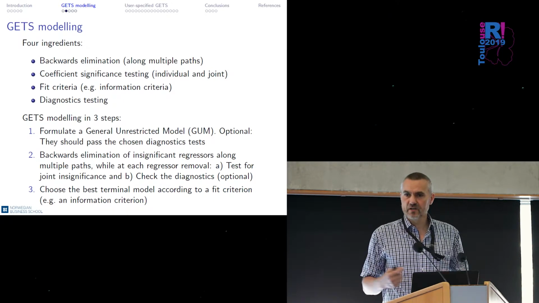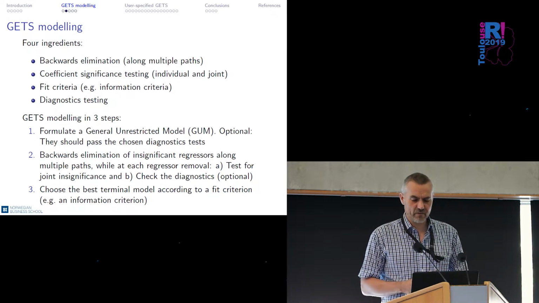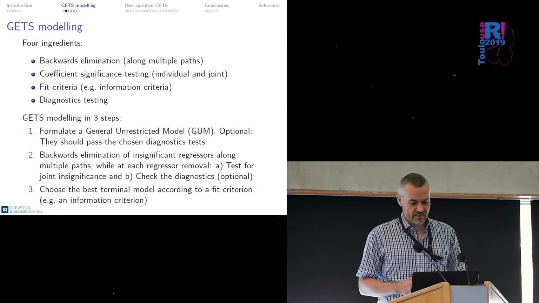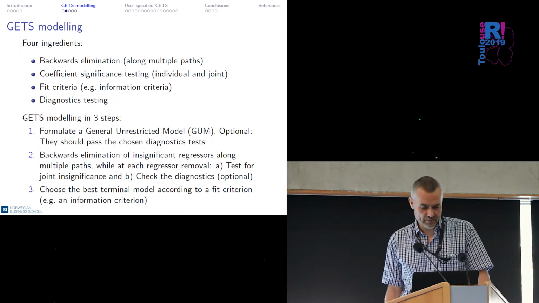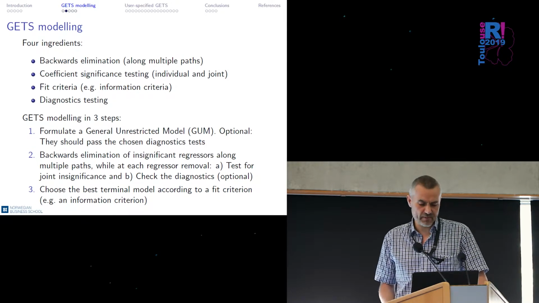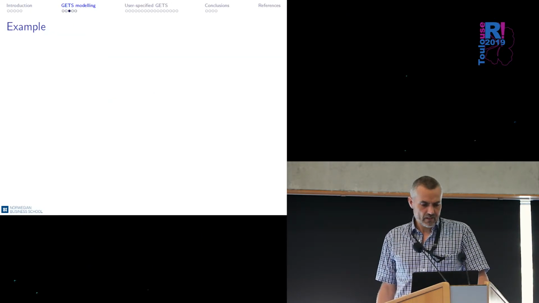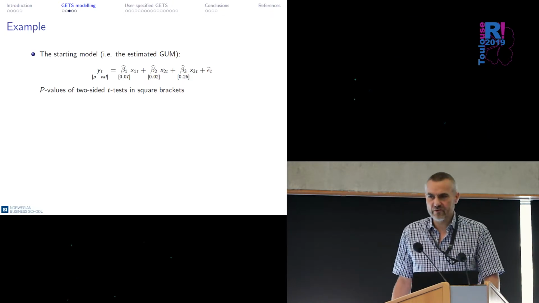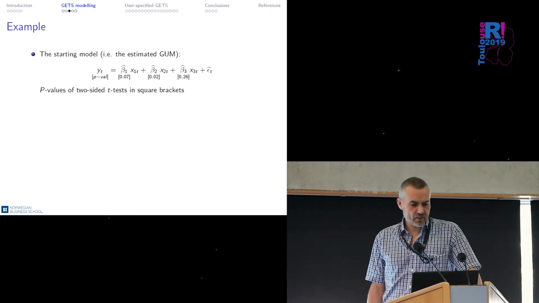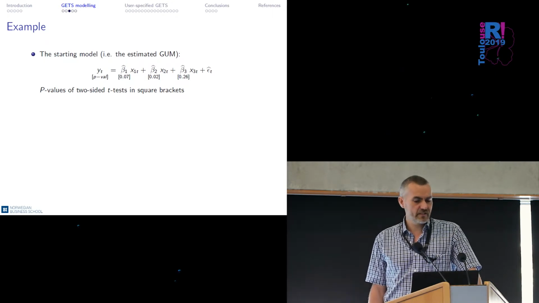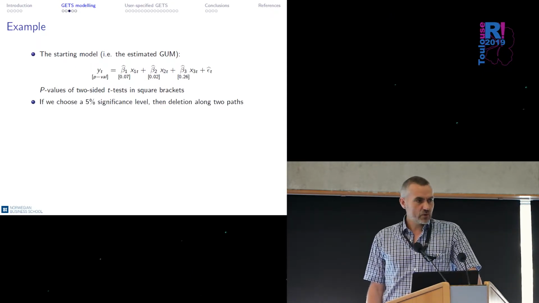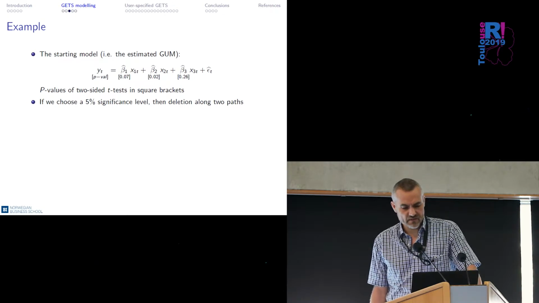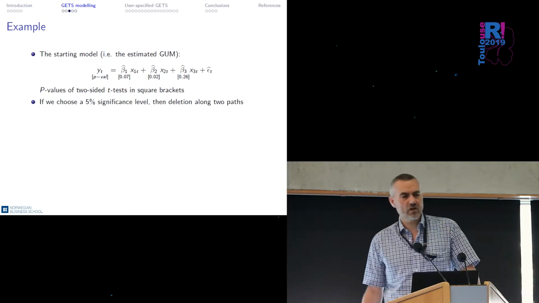We tend to start with a lot of variables in gets modeling, and that's why we favor the Schwarz information criterion, at least as a default, but that can be changed by the user. So let me take you through a very simple example. We start with a model with 3 regressors. A little bit unusually, I have put the 2-sided p-values in square brackets beneath the estimates. If we choose a 5% significance level, then we can delete along 2 paths.